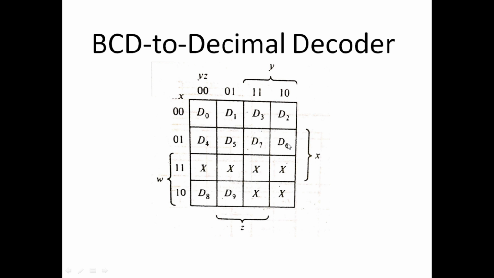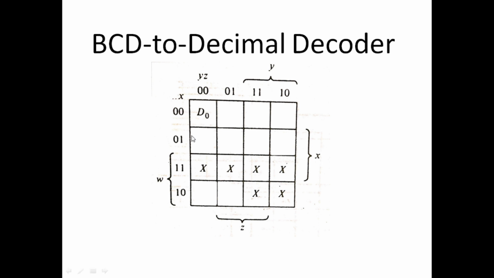As this map has already been shown on the screen, but I will just tell you, if you would be using a Kmap for every output variable, then that would look like this.